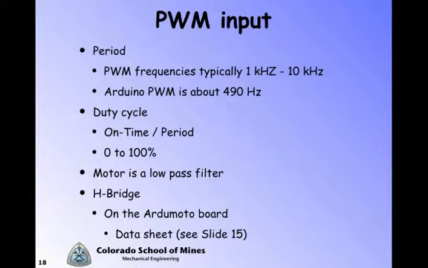In part 3, we talked about H-bridges, and the H-bridge facilitates this PWM approach because it uses the line in for direction and the enable pin as the PWM input to the motor driver. And so those transistors have no trouble switching at 490 hertz.